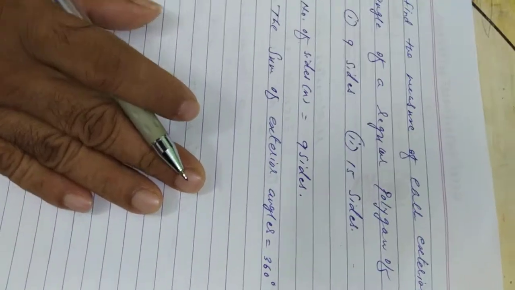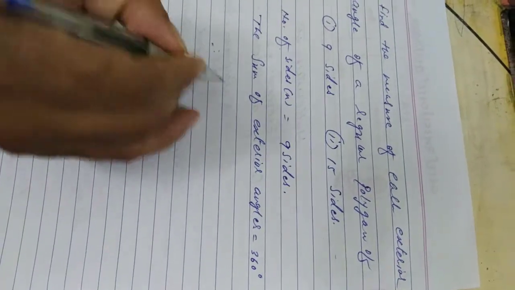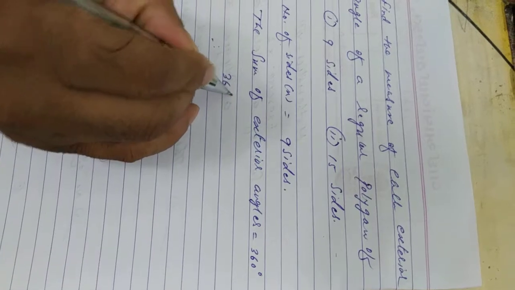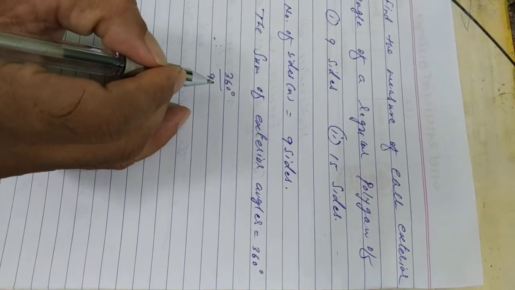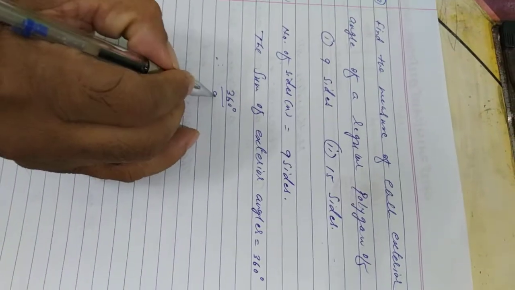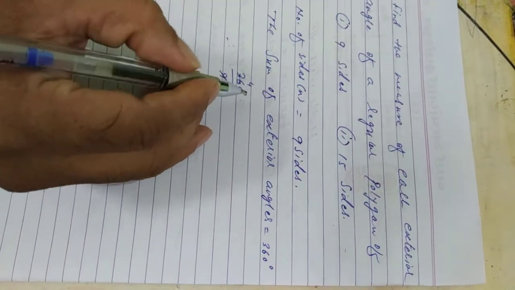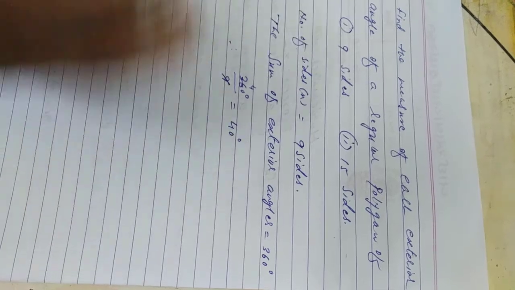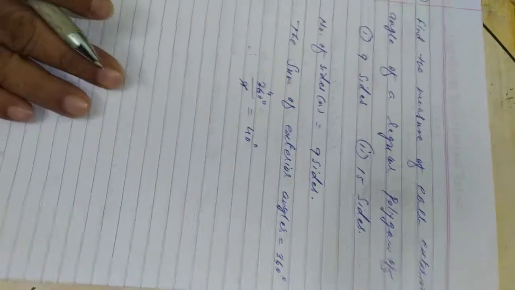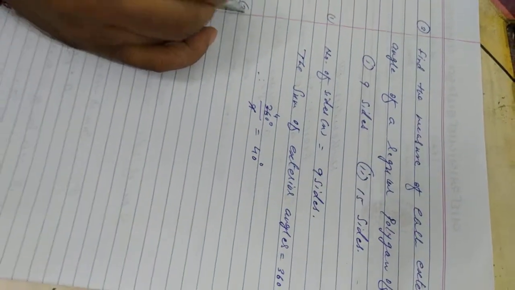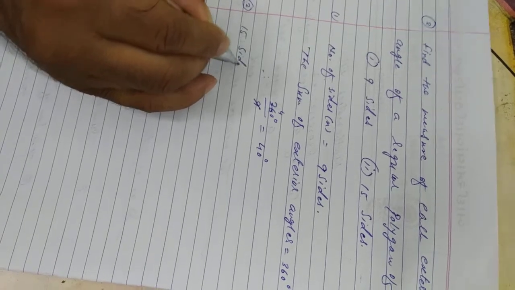Therefore, 360 degrees upon how many? 9, right? So 9 fours are 36, so 40 degrees. Got it? In the same way, the next one, 15 sides.